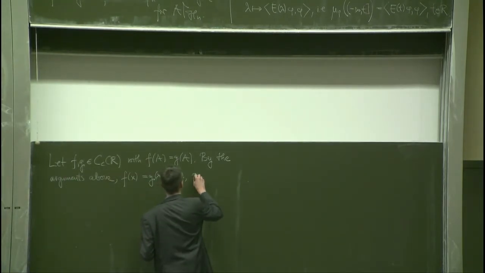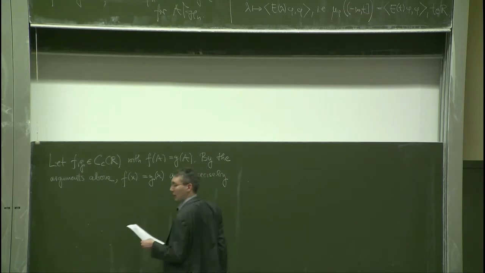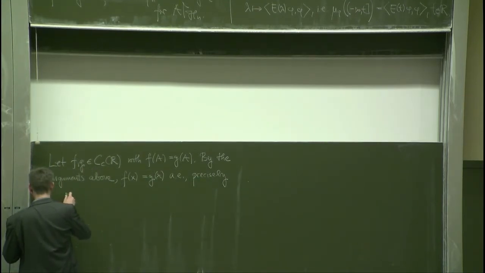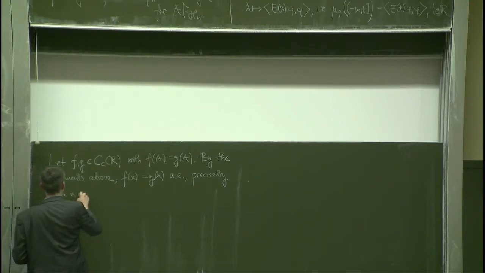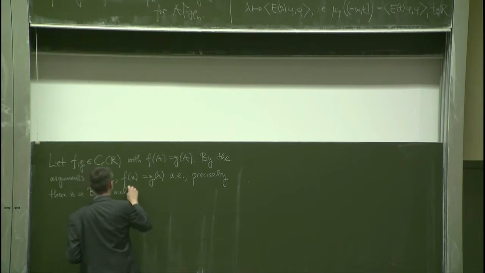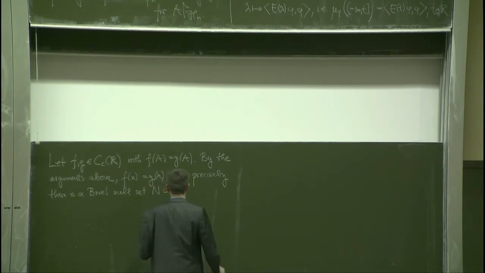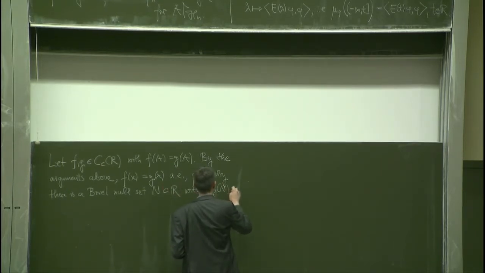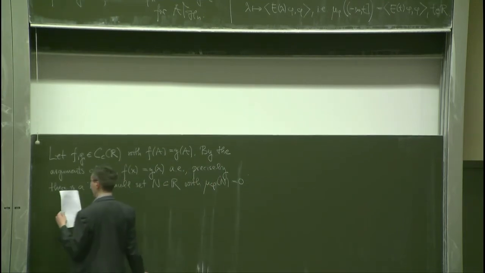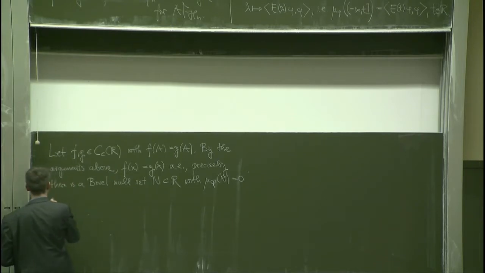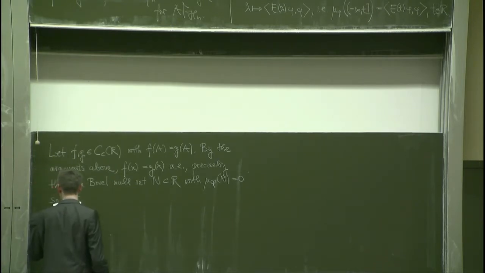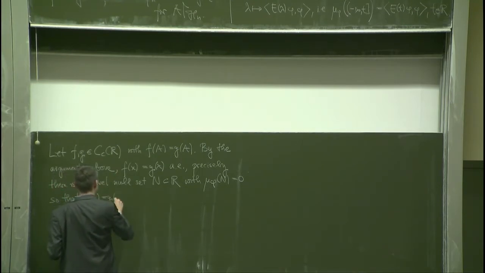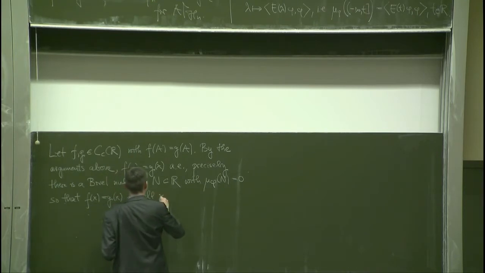Precisely, there is a Borel null set, let's say n, a subset of R, with the property that with respect to this measure mu, the measure of this n is 0, so that we have that f of x is equal to g of x for all x that are not in n.